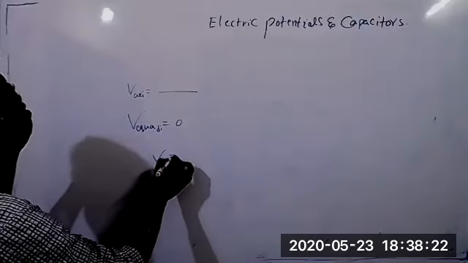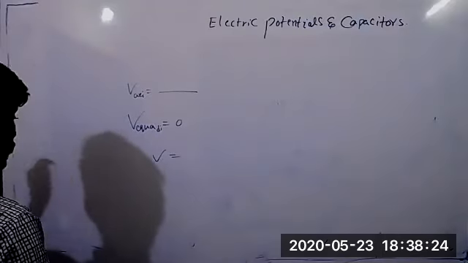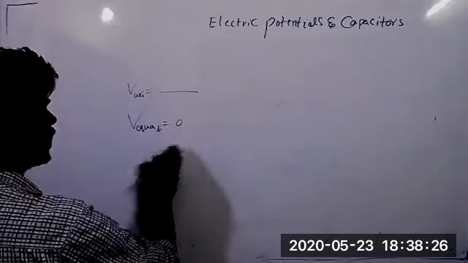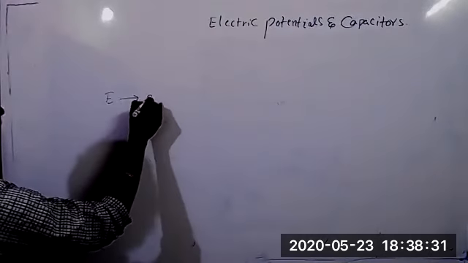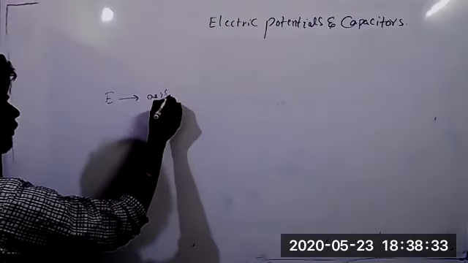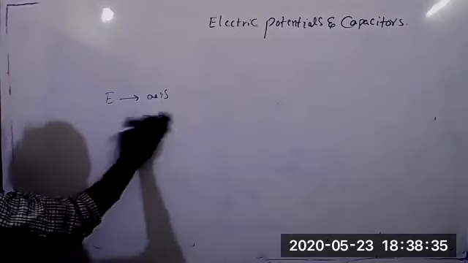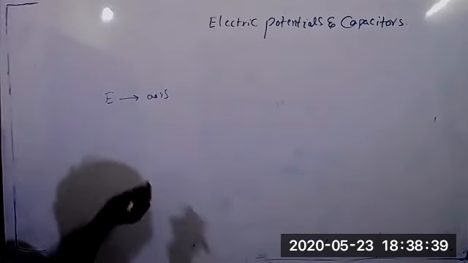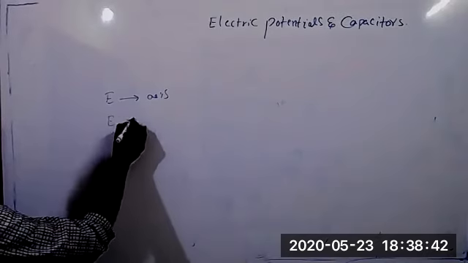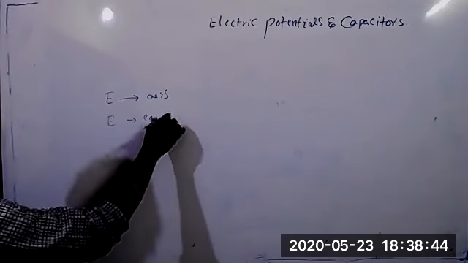Did you remember? See, these questions: electric field on the axis of the dipole is very, very important for CBSE or PUC. Electric field on the equator is also important for CBSE.